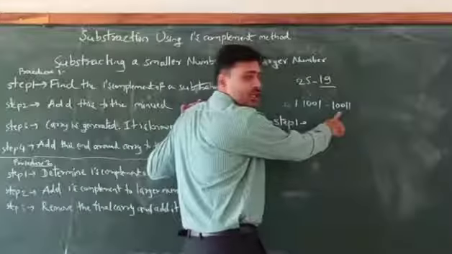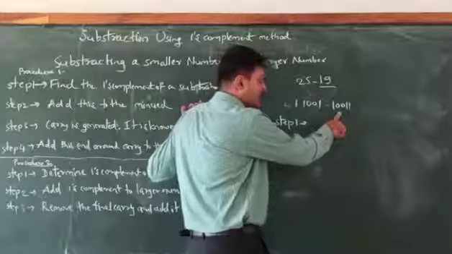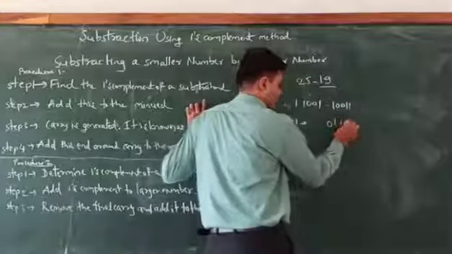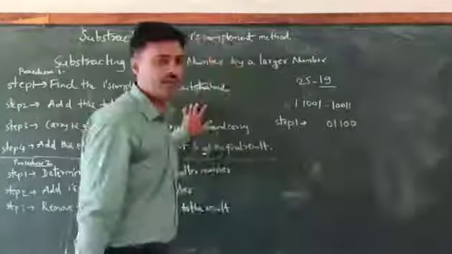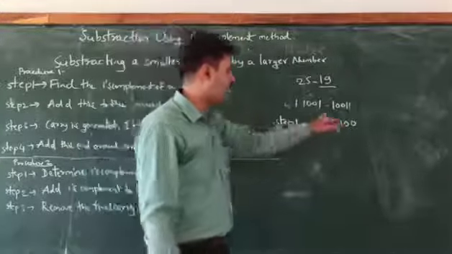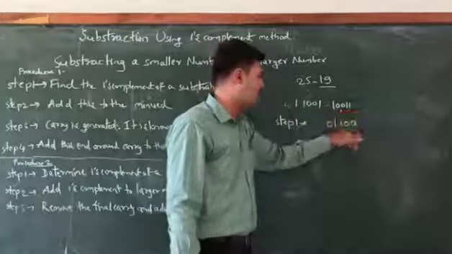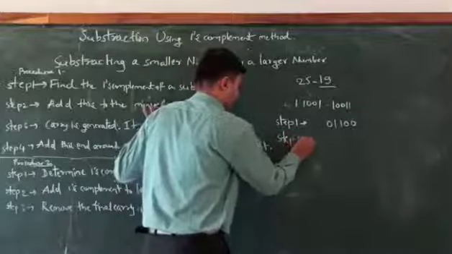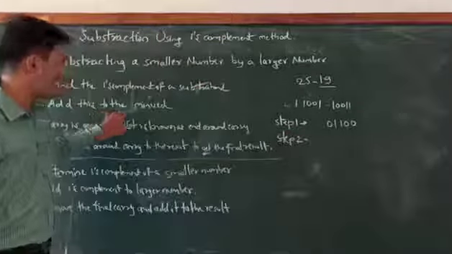The ones complement of the given subtrahend is 0 1 1 0 0. Next, step number 2, add this to the minuend.